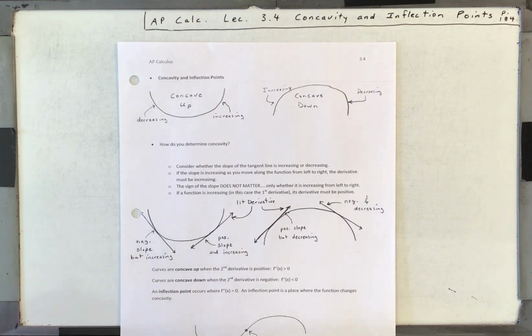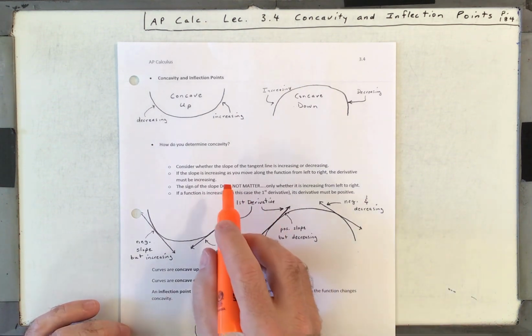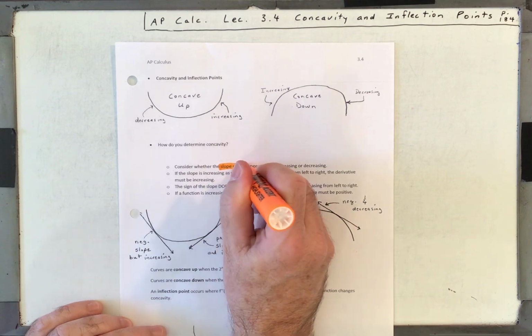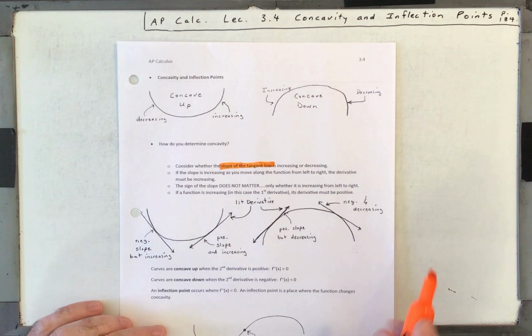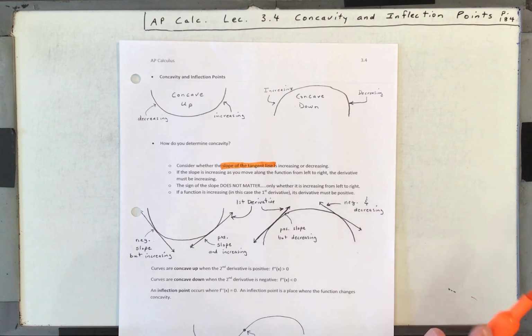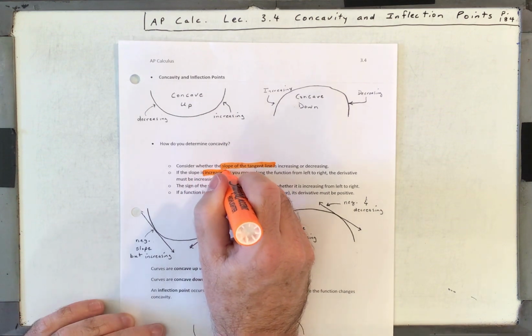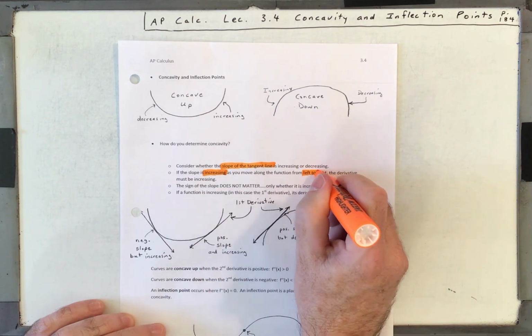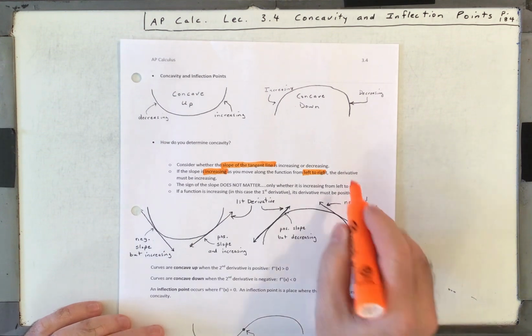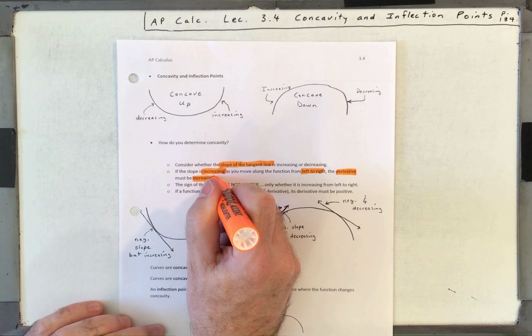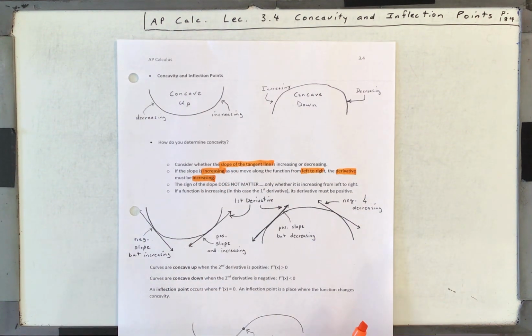So how do you determine concavity? Really, you want to think about the slope of the tangent line. Is it increasing or decreasing from left to right? If the slope of the tangent line is increasing from left to right, then the derivative must be increasing, because the derivative is just the slope of the tangent line.